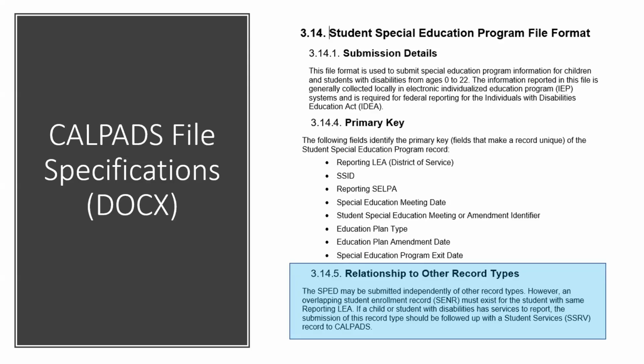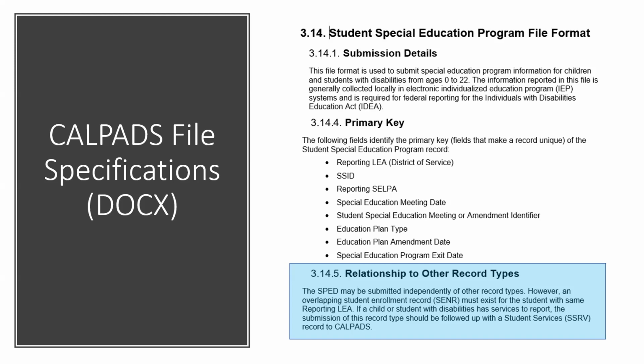Another document when you're looking at requirements is the CALPADS file specifications. If you're trying to make sure that data was reported accurately and correctly, you can look at the CALPADS file specifications. This particular one is the DOCX version, the Microsoft Word version. I scrolled through it, and you can see section 3.14, Student Special Education file format.